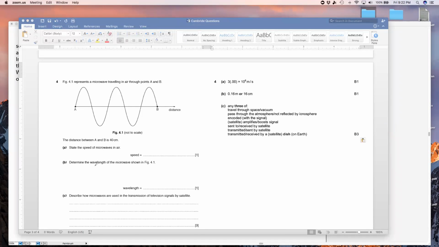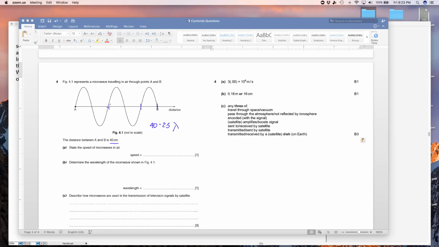In order to get that, we know the distance from here to here is 40 centimeters. From here to here is lambda. That's 1 lambda. From here to here is another lambda. But from here to here is a half lambda. So that 40 centimeters is really equal to 2.5 lambda, 2.5 lambda wavelength.